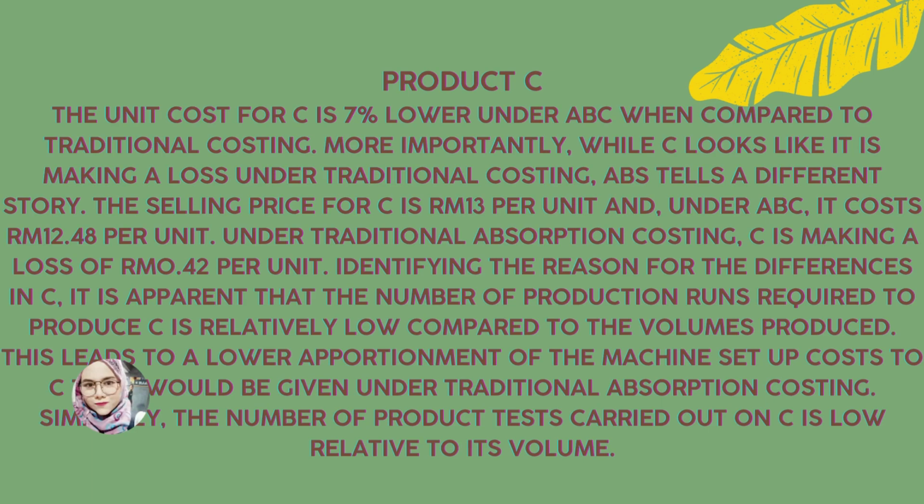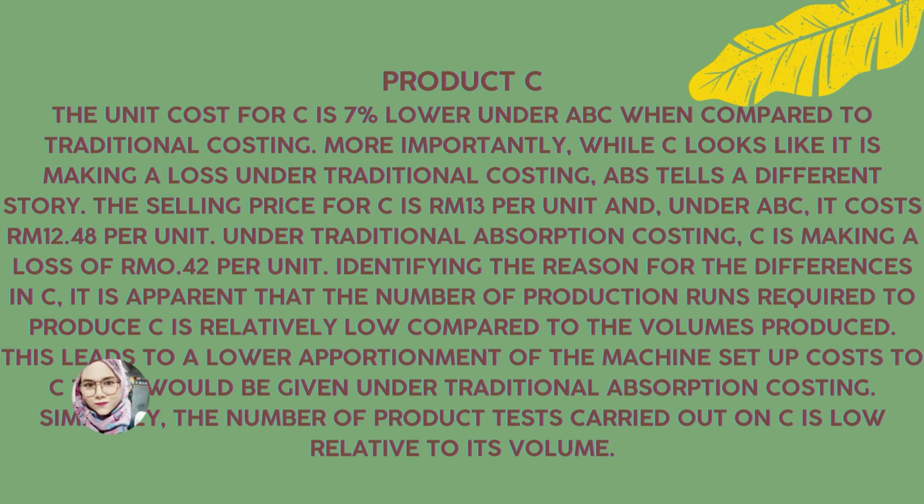So under traditional absorption costing, product C is making a loss of about 42 cents per unit. Identifying the reason for the difference in product C, it is apparent that the number of production runs required to produce product C is relatively low compared to the volume produced.